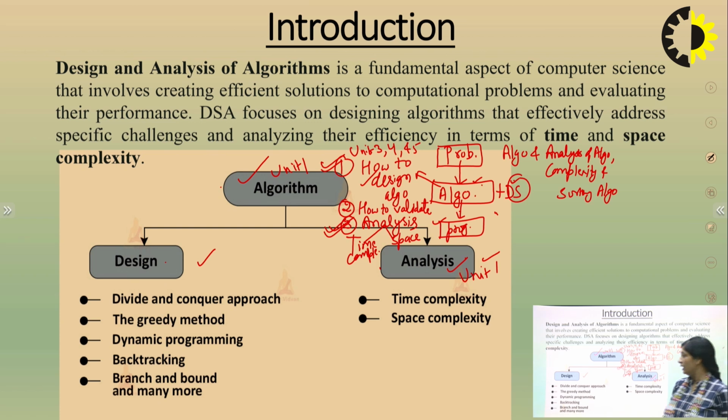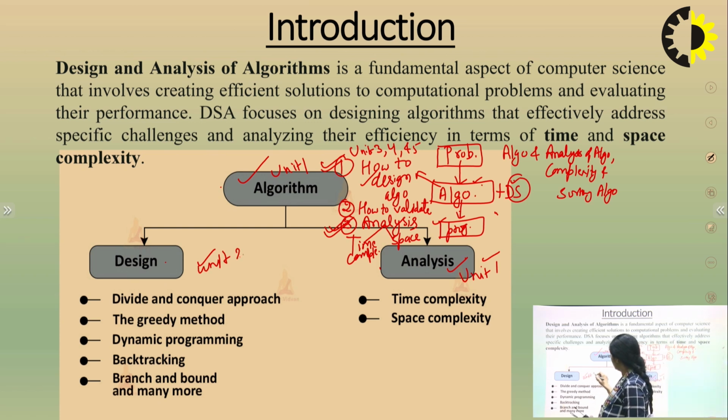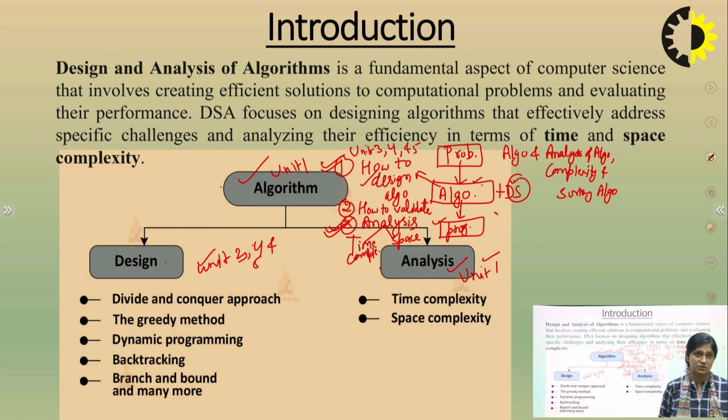And this designing part you will study in unit 3, 4 and 5. And unit 2 contains some advanced data structure. I think now the introduction part or the syllabus is clearly understandable to you.